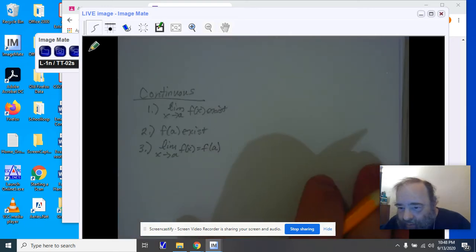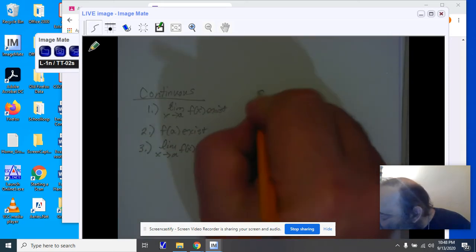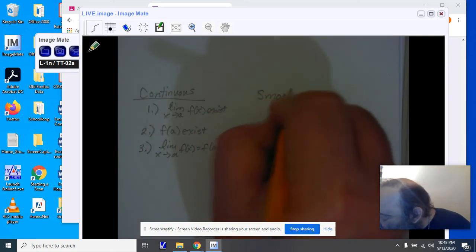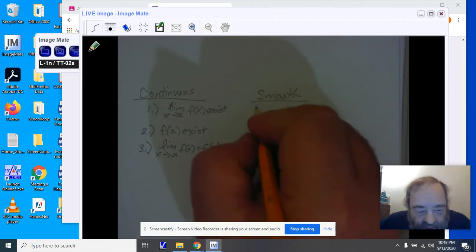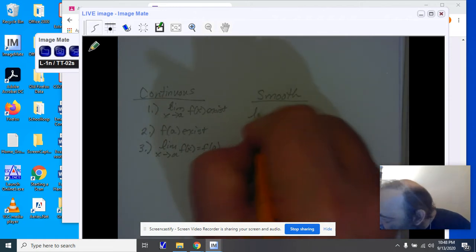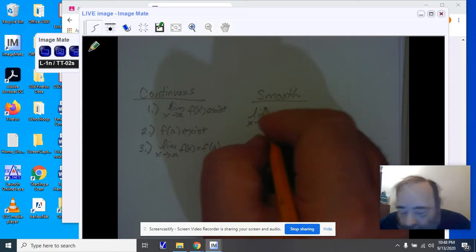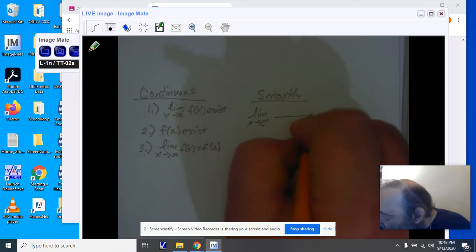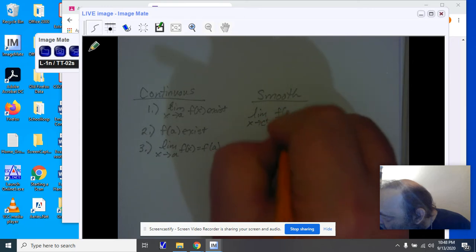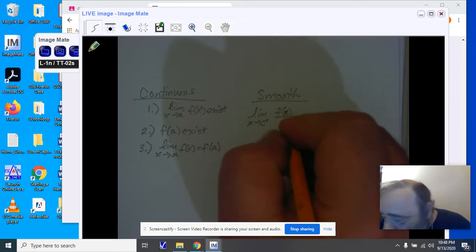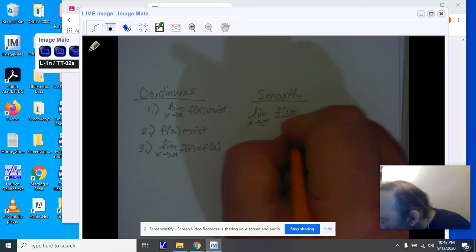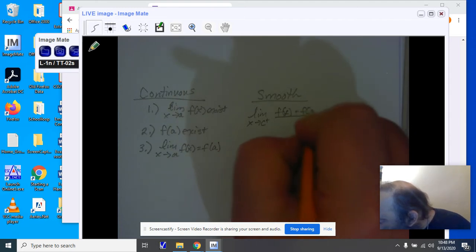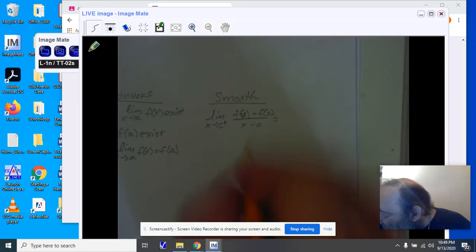Now, the second criteria is that idea of smooth. The idea of smooth is saying that the limit as x approaches c from the right, and we use the alternative form (you can use the difference quotient if you prefer, with delta x or h, but I'm going to use this one), of f of x minus f of c all over x minus c, has to equal the limit from the left.